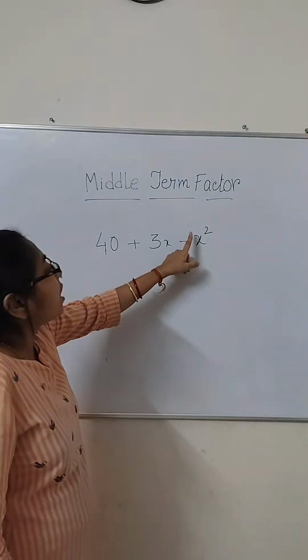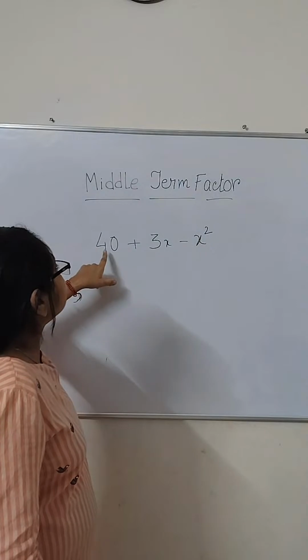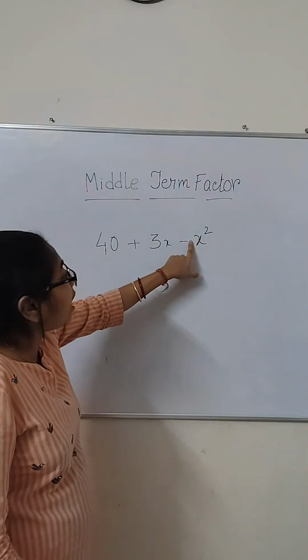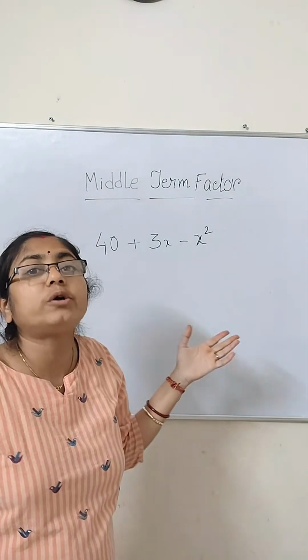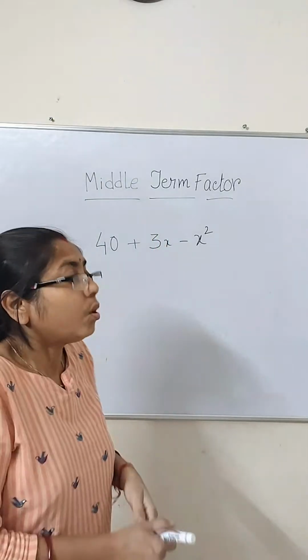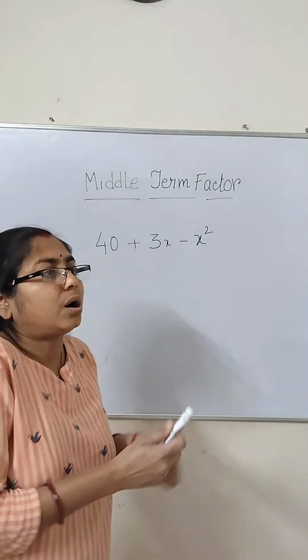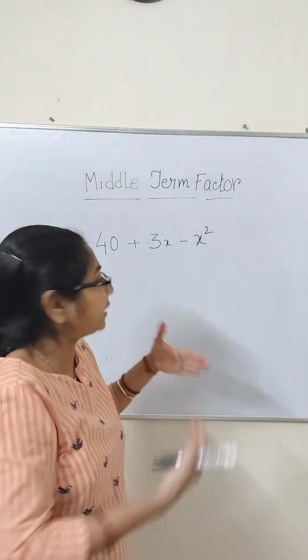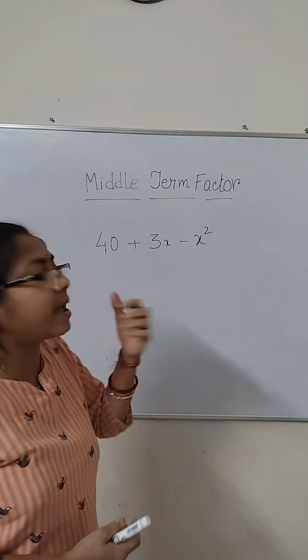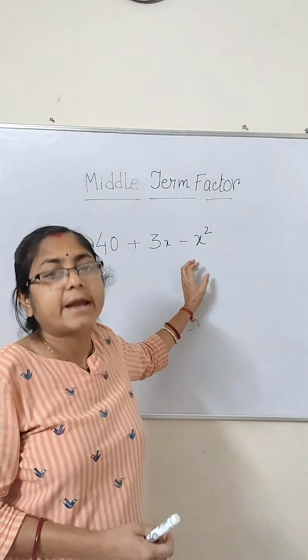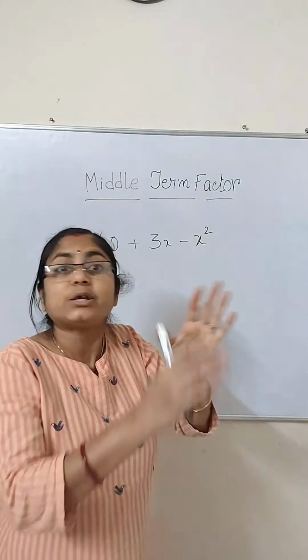Now there is one more thing. There is a 40 and there is 1. Before x square, the number is 1. What is the difference between the last math and this math? In the last math, the number was on the right side, so I broke the number, no problem.